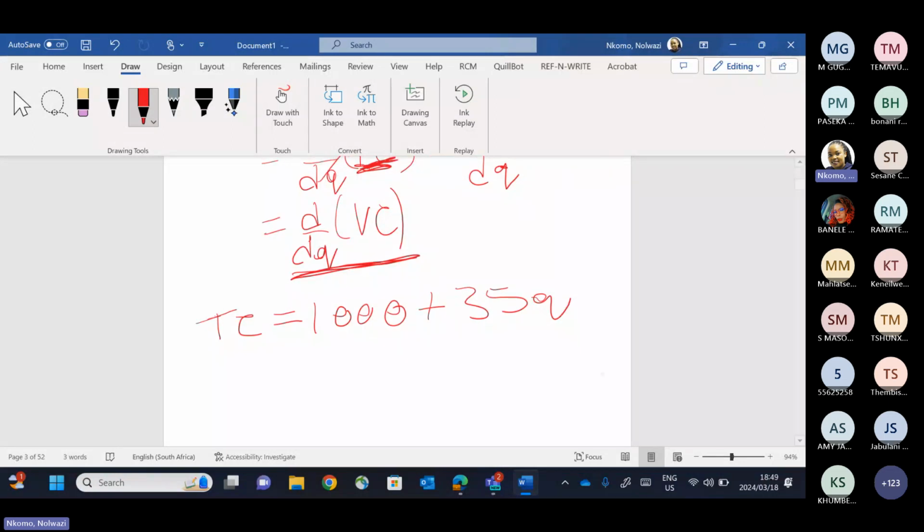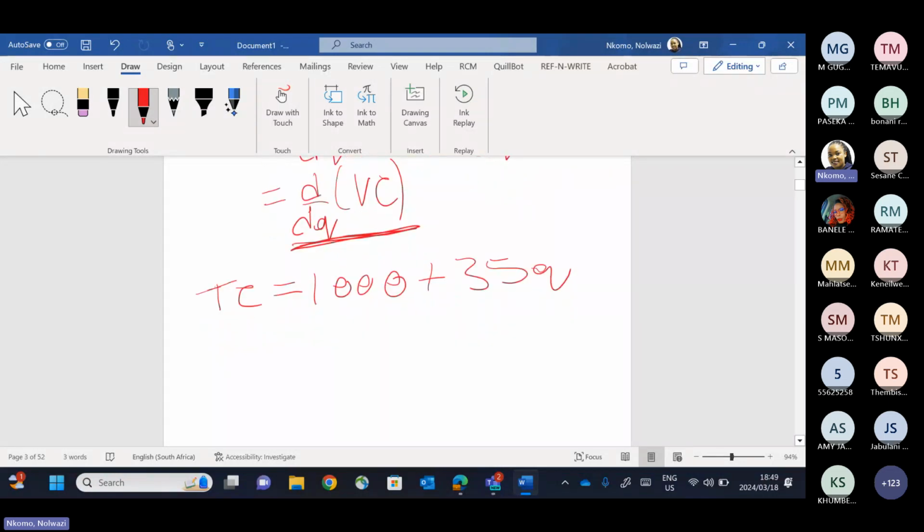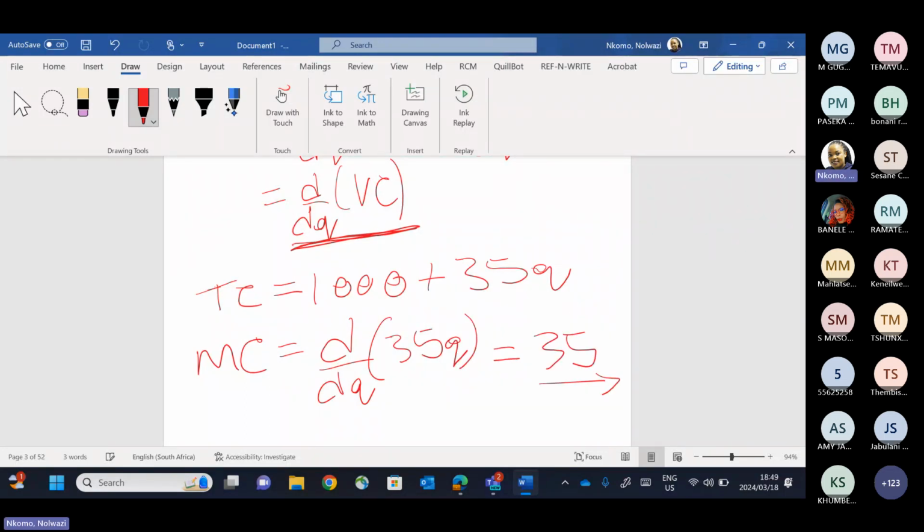If you are given this as a total cost function, the marginal cost would be the derivative of 35Q, which is 35, because this is a fixed cost, and the derivative of this is 0.